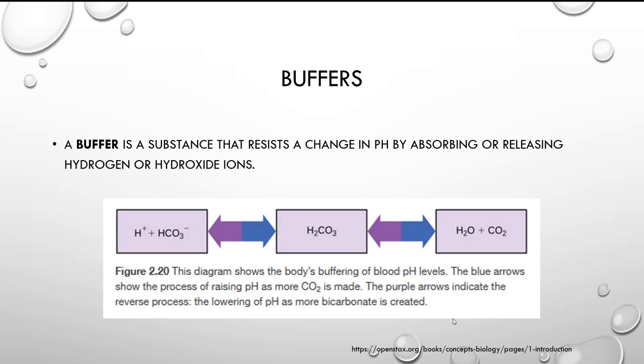So it's slightly alkaline. Say there are hydrogen ions circulating in your blood for whatever reason, and that's causing your pH to start to drop, to become more acidic. So the blood will release that bicarbonate ion, the anion, that will bind with the excess hydrogen ions to form carbonic acid, and then the carbonic acid will dissociate into water and carbon dioxide, and then you'll exhale that carbon dioxide to get rid of it.